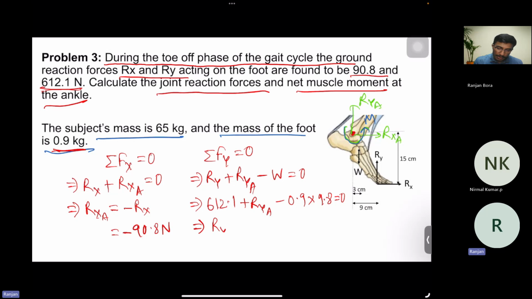If we solve this, it will come to minus 603.28.